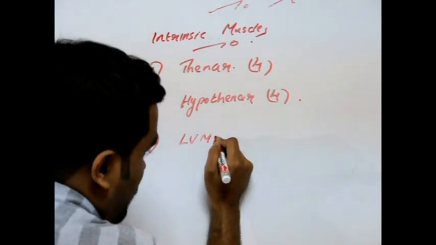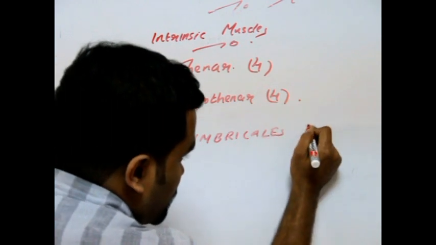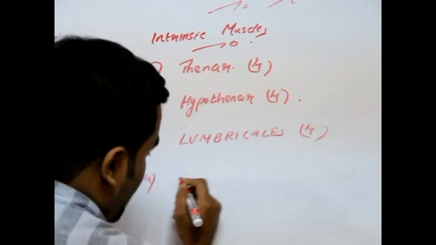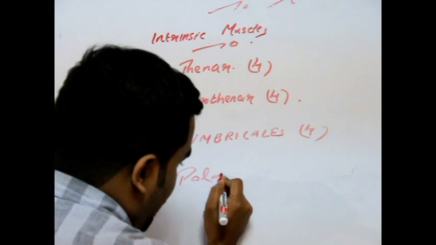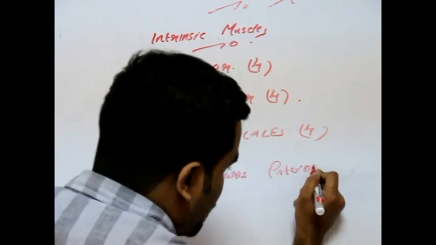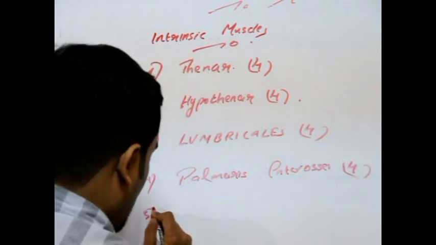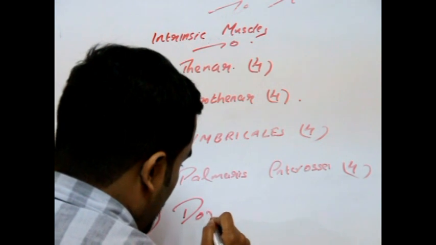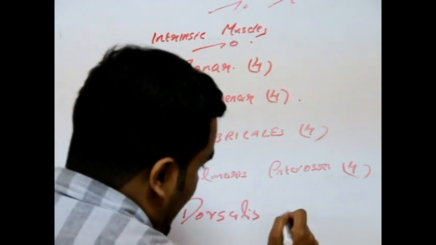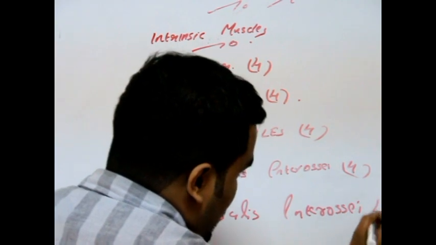Lumbricales, very important muscle. Okay, lumbricales, 4. We have palmaris interossei, 4 in number. Dorsalis interossei, again 4 in number.